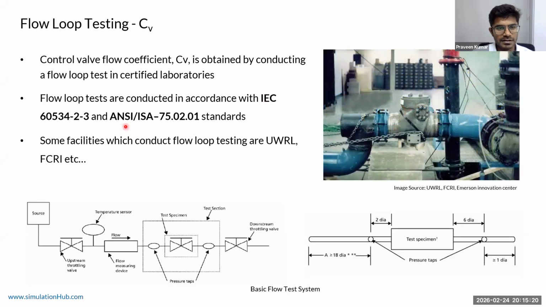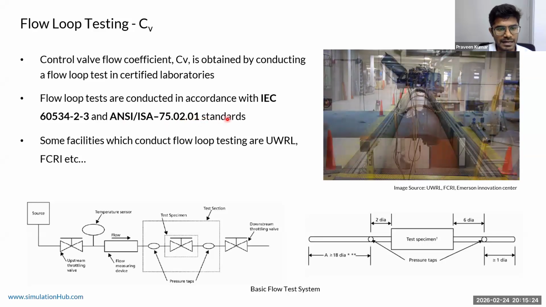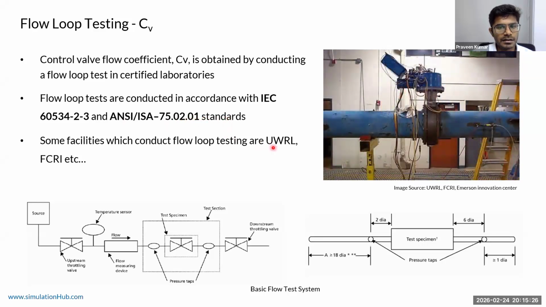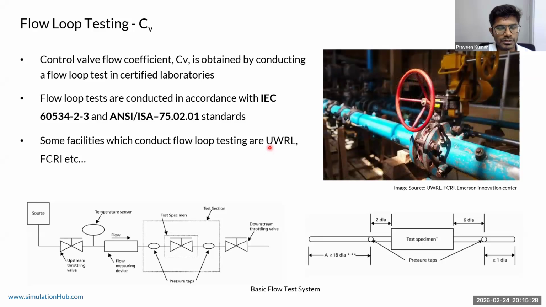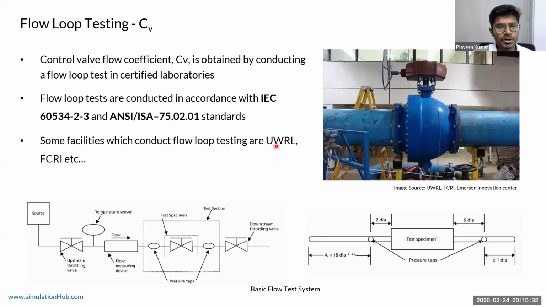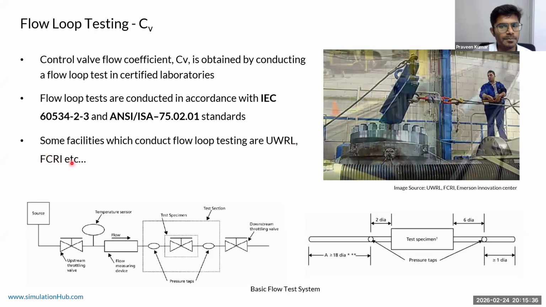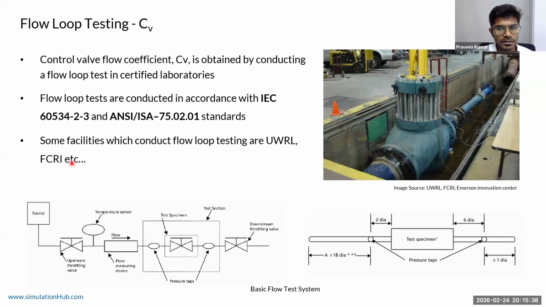The methodology is defined in these standards, for example the ANSI ISA 75.02.01 standard, and these are conducted in certified laboratories like UWRL, Utah Water Research Laboratory, and FCRI in India. There are many such labs.